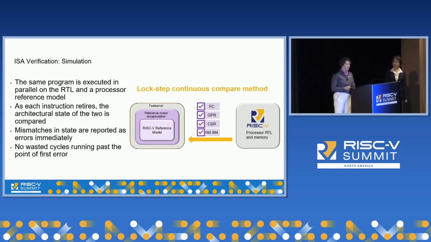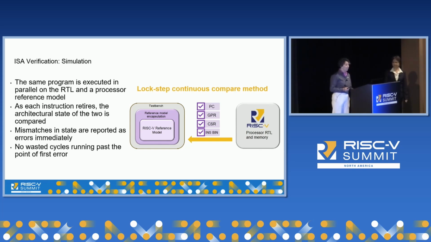There are several different approaches to simulation-based verification at the architecture level. The response to the test stimulus can be compared post-execution using a trace file. However, the most efficient and comprehensive methodology is to compare architectural state at the retirement of each instruction. This is a methodology known as lockstep continuous compare.